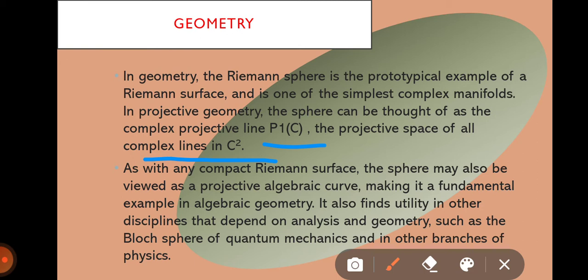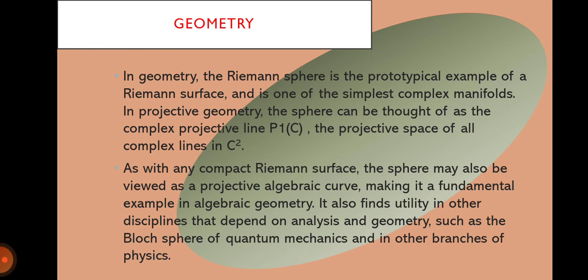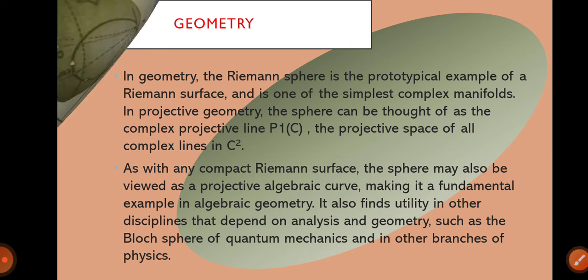As with any compact Riemann surface, the sphere may also be viewed as a projective algebraic curve, making it a fundamental example in algebraic geometry. It also finds utility in other disciplines that depend on analysis and geometry, such as the Bloch sphere of quantum mechanics and other branches of physics.